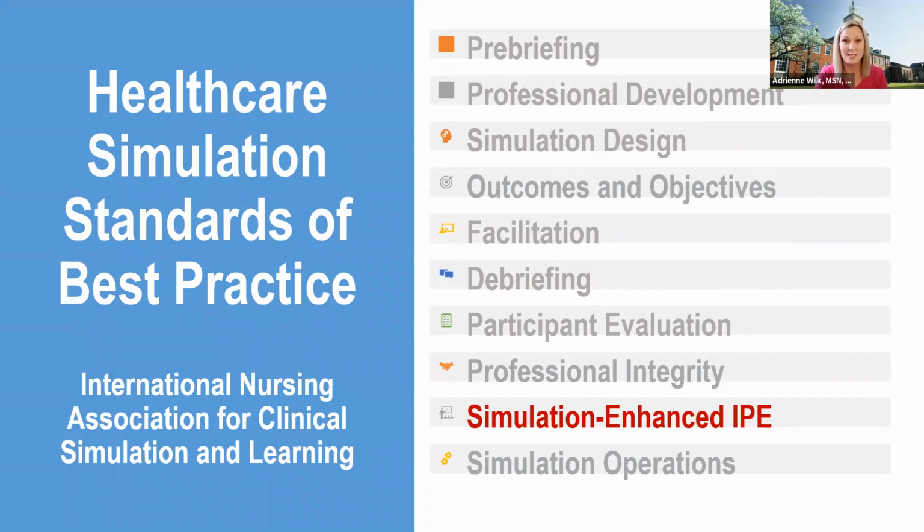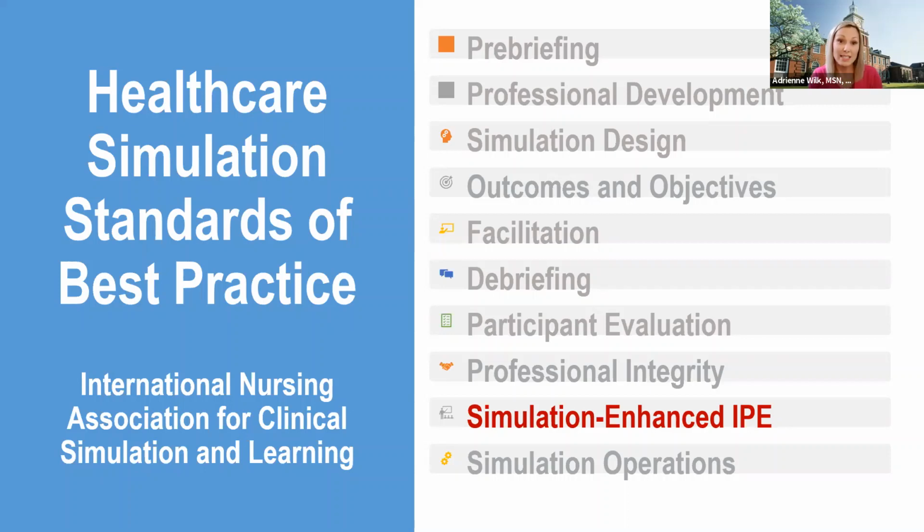And so if you're in the sim world like me, you know that this was a recent change. The HSS-OBP is, as we can call it now, the acronym. They used to be called the NAEMSE standards of best practice, but it had the word nursing in it. So we've kind of gotten away from that, and we're broadening that out so that it's the healthcare simulation standards of best practice, because these apply to everybody, not just nursing.